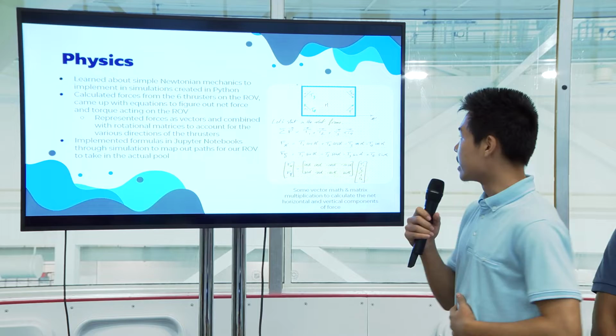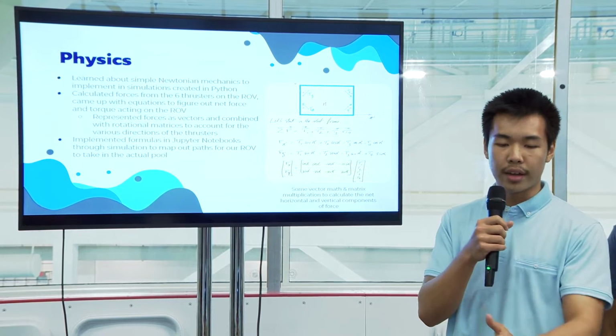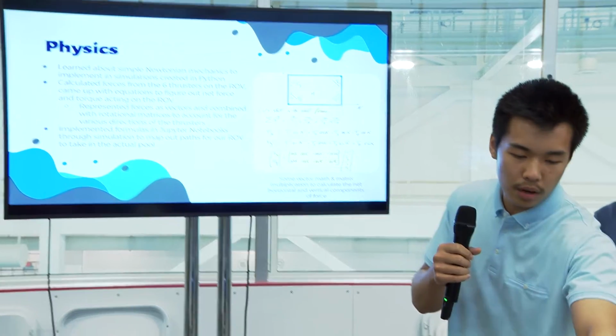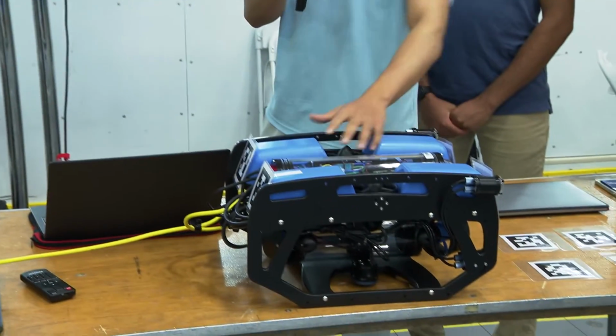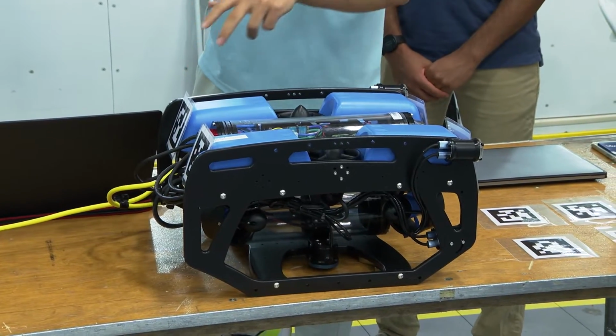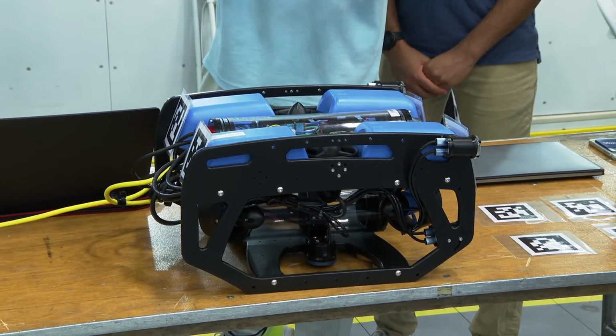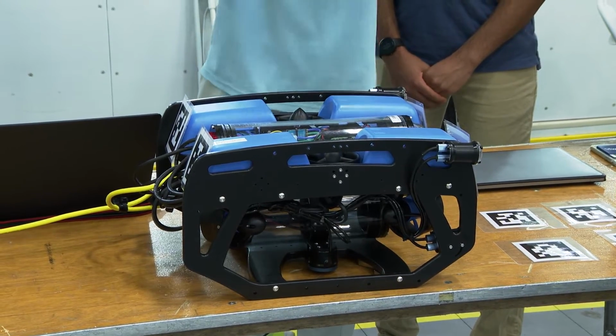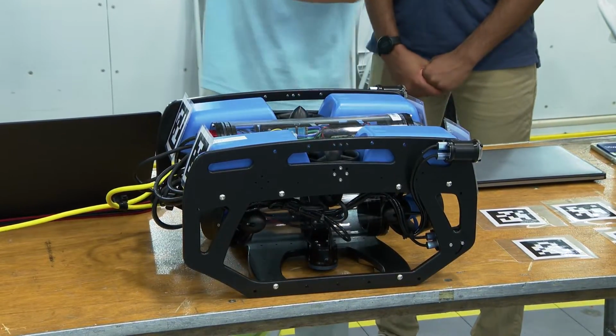And then this is all the physics that we did in order to calculate the net force generated by all 6 thrusters. We have 2 thrusters that are capable of moving the robot up and down, and then we have 4 thrusters that can move the robot in pretty much any direction. It can move forward, backwards, and also roll, pitch, yaw, all that kind of stuff.